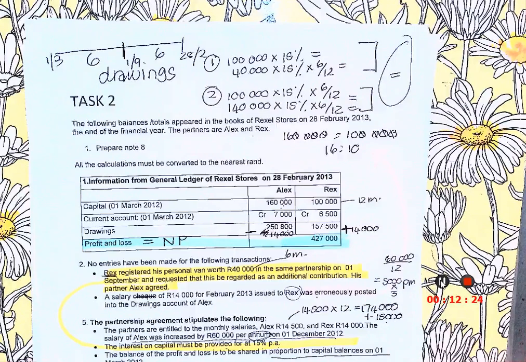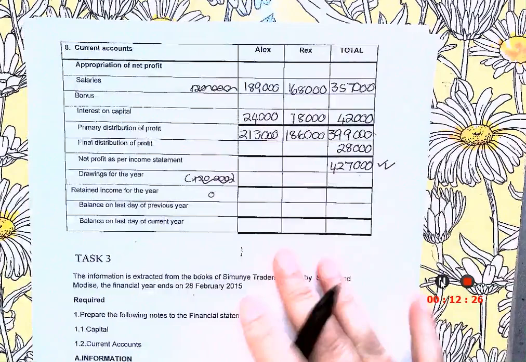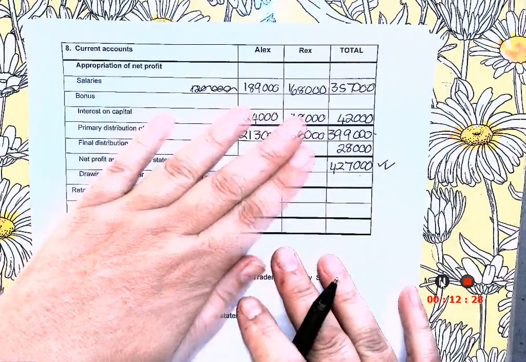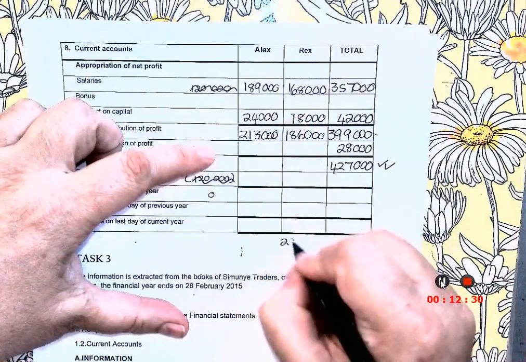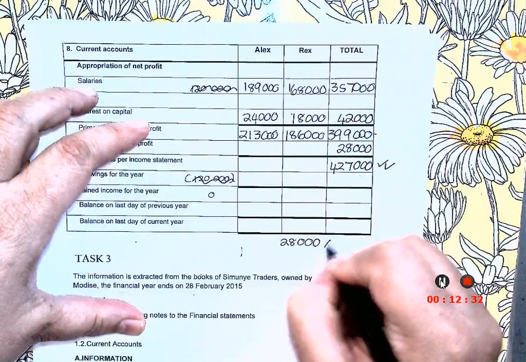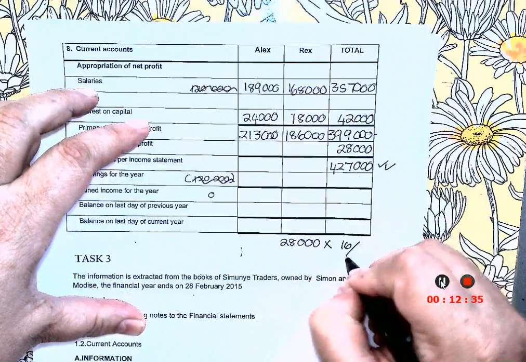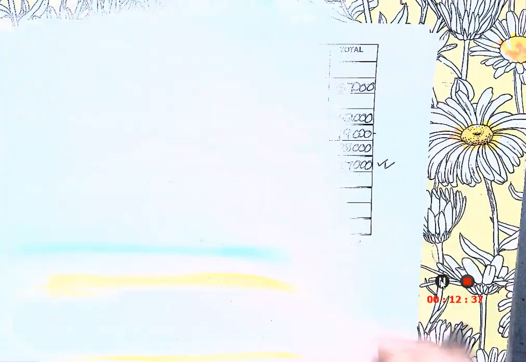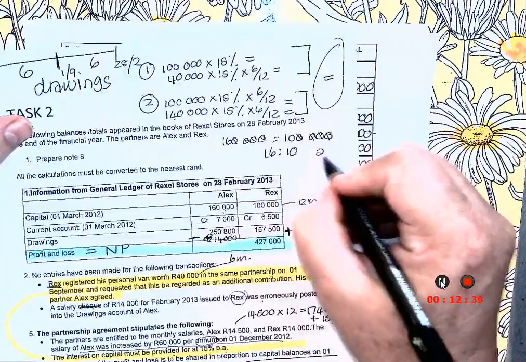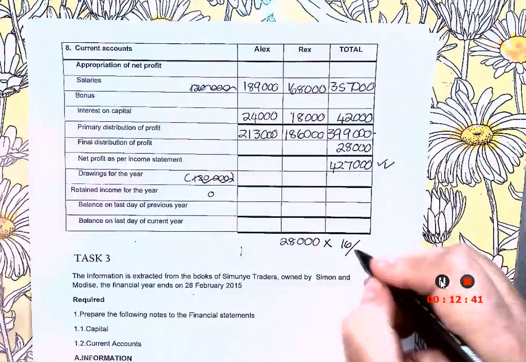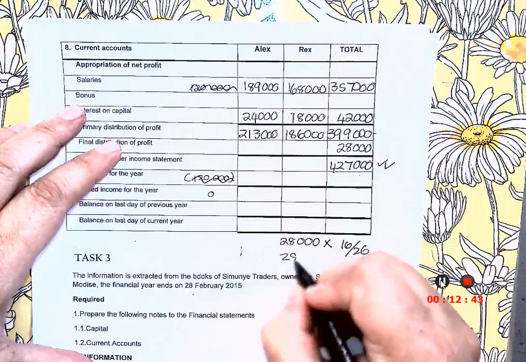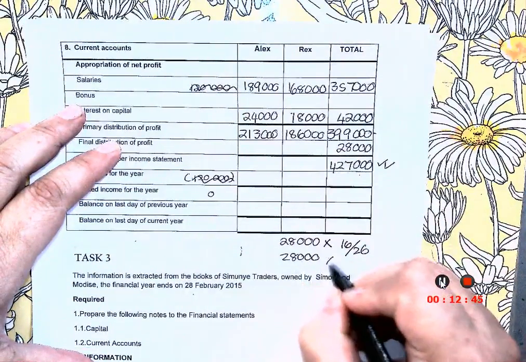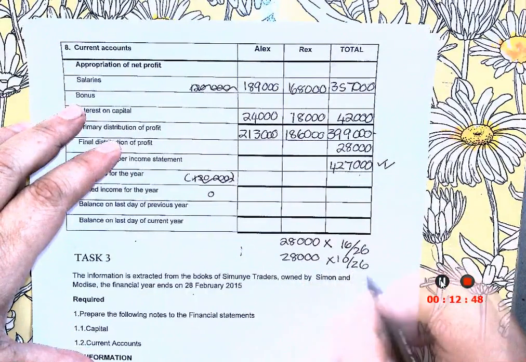So now what I'm going to say, and please do it on the paper where I can see it when I mark, you're going to say 28,000 times 16 over what? 16 plus 10 gives me 26. And 28 times 10 over 26.